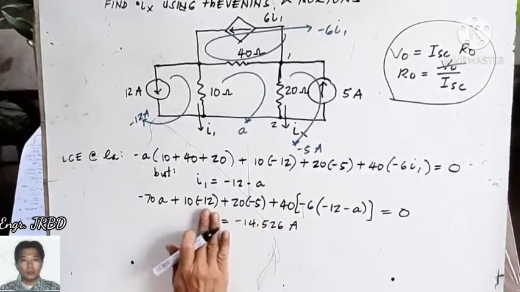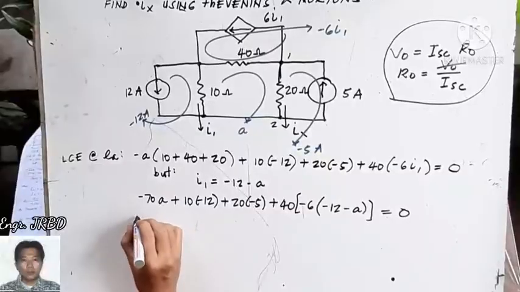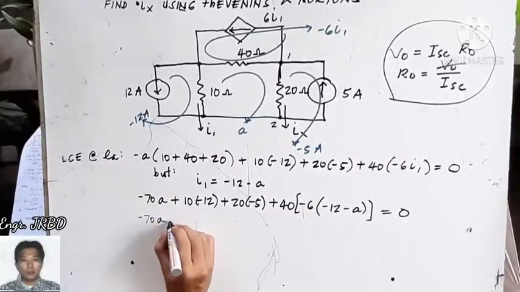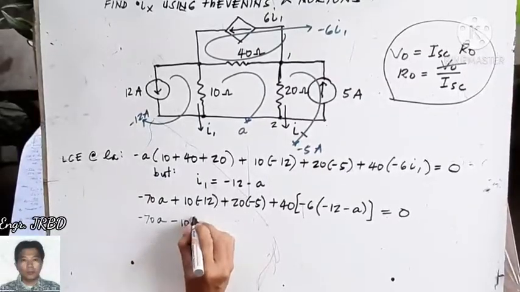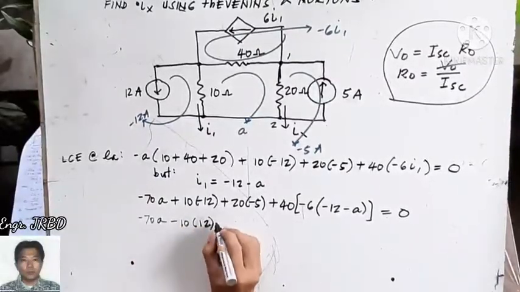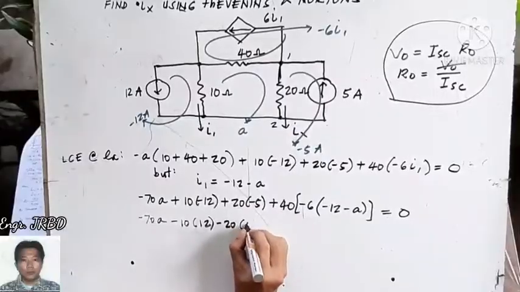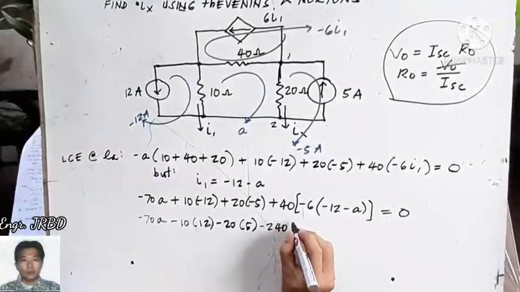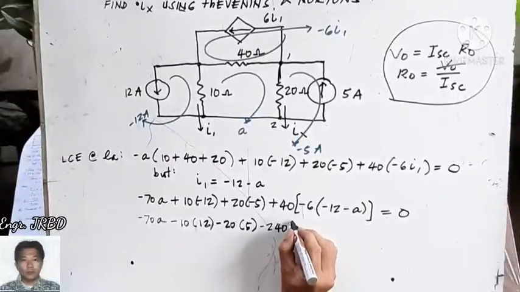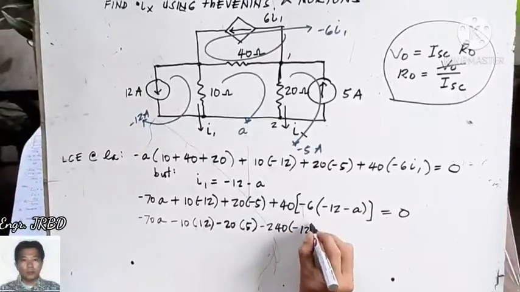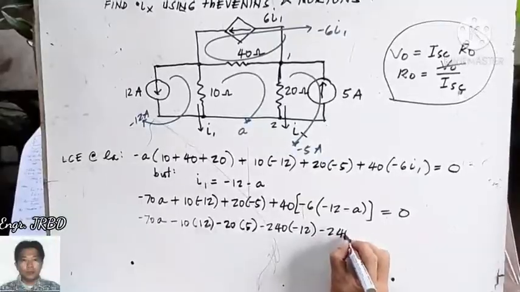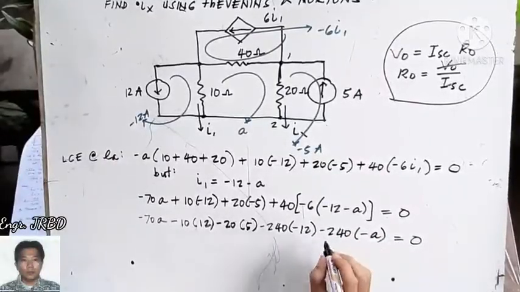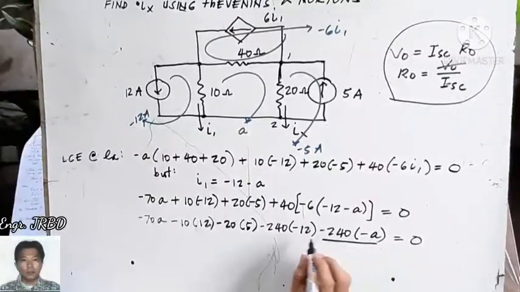How do we come up with this? So that is negative 70 times A minus 10 times 12 minus 20 times 5 minus 240 times negative 12 minus 240 times negative A is 0. All the variables should remain on the right side.